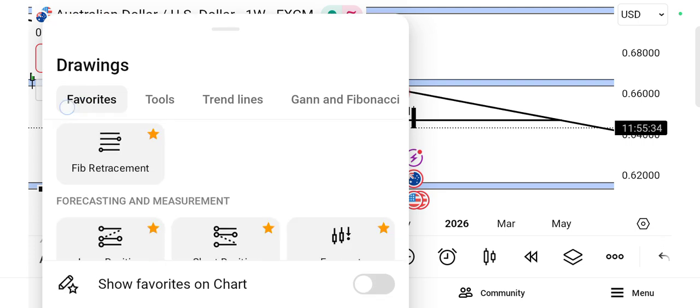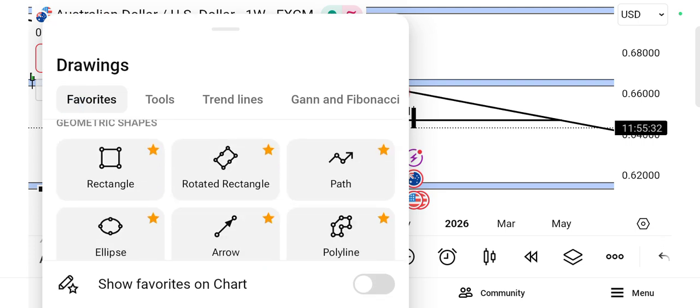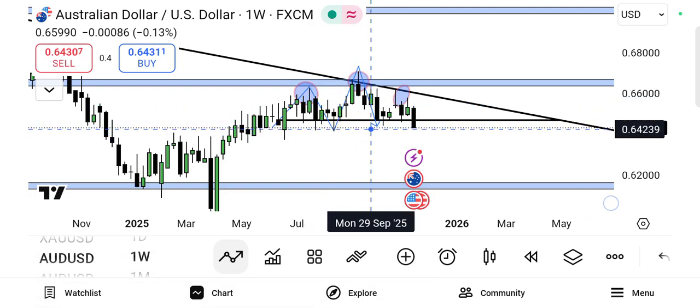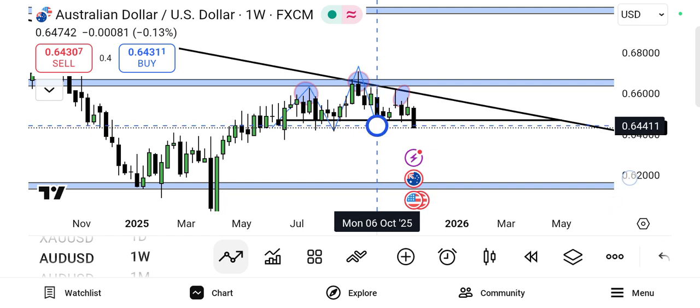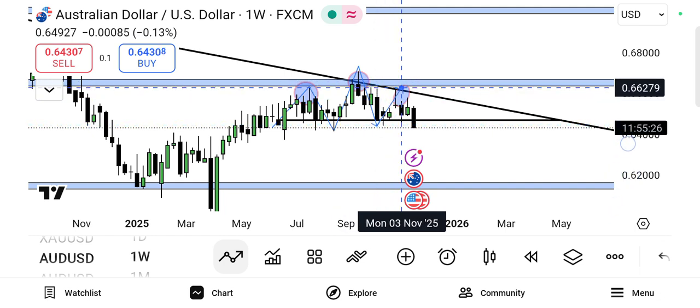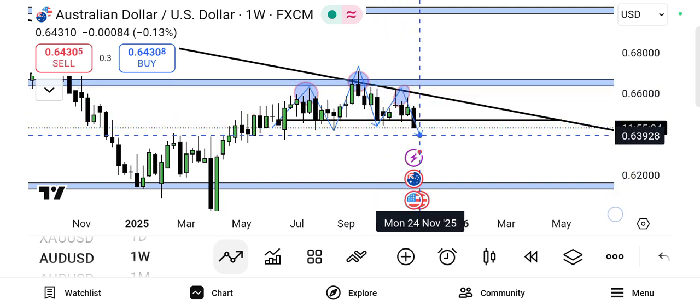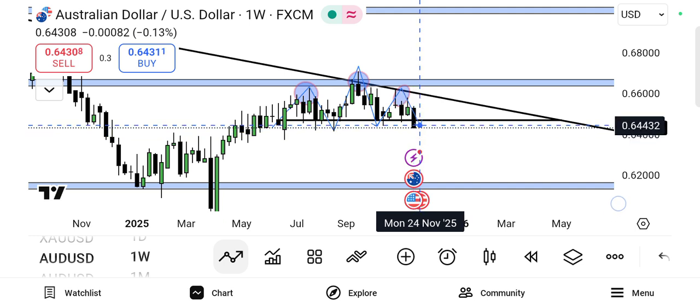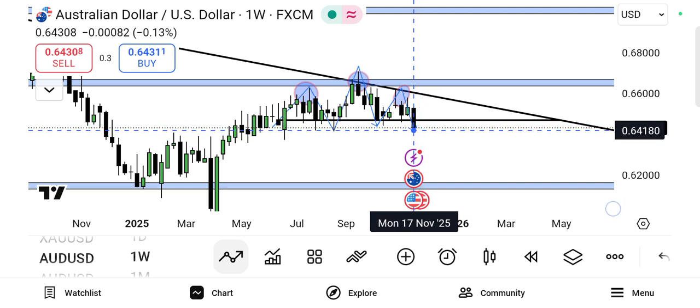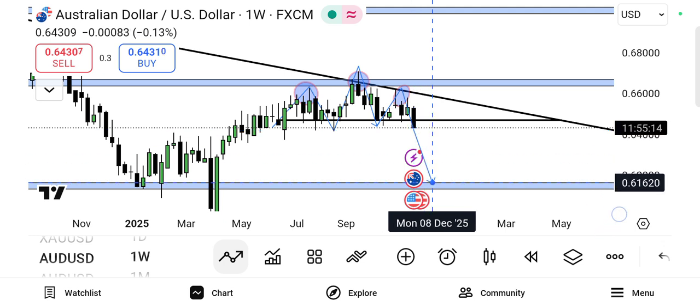The right shoulder pulled back. Are you seeing the breakout of the neckline, showing that the next target we'll be thinking about will be here? The next target will be here.